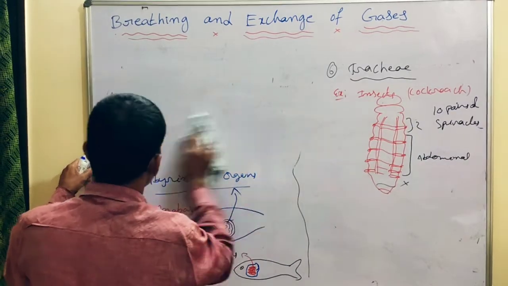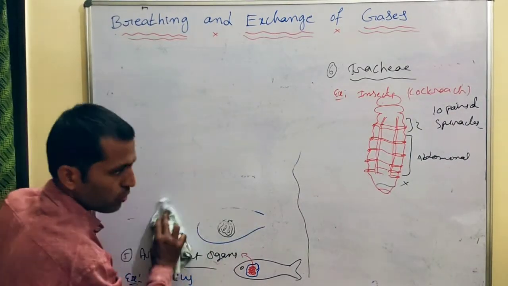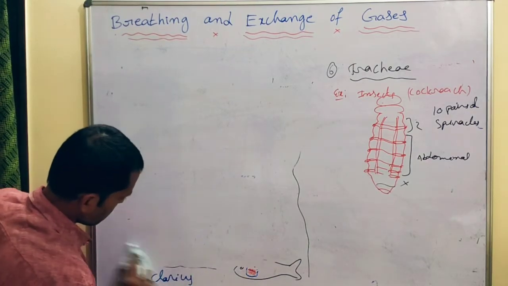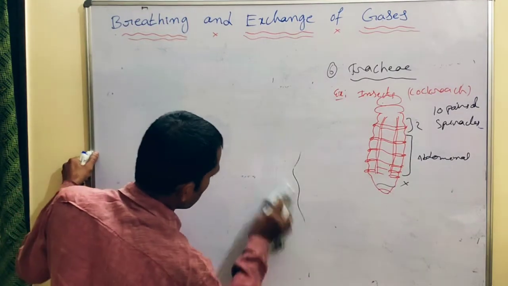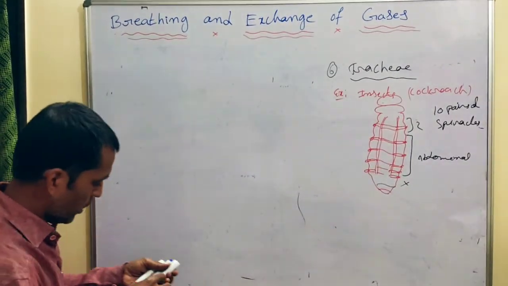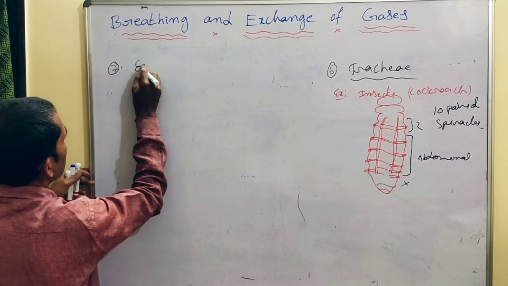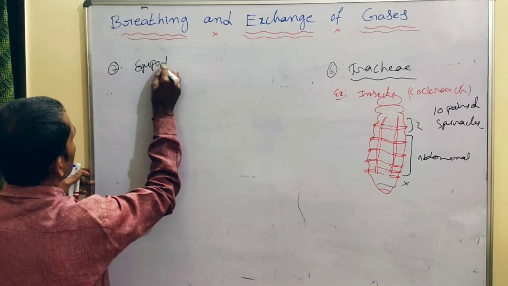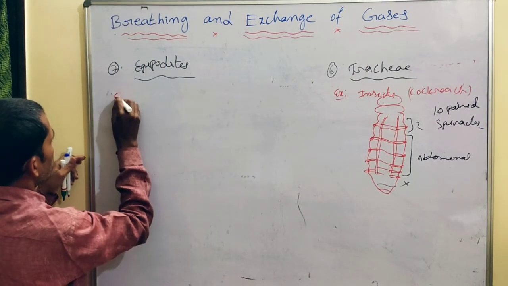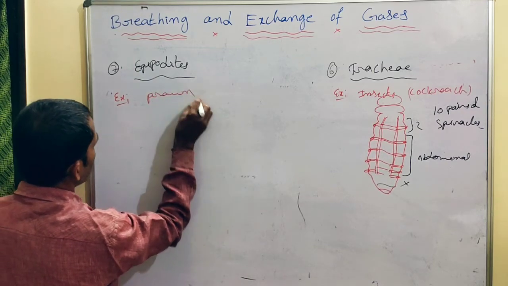Next, another respiratory organ in another organism is epipodites. Example is prawn.